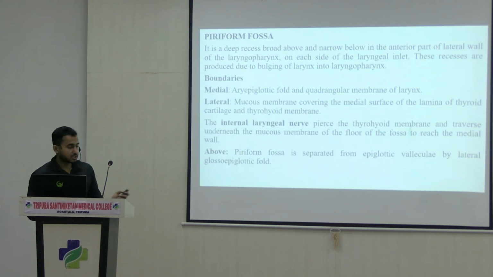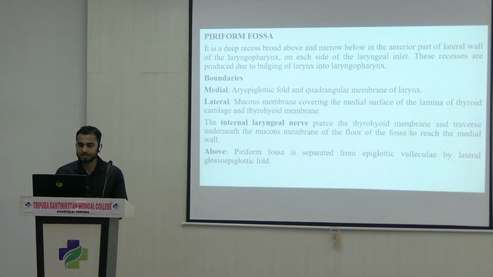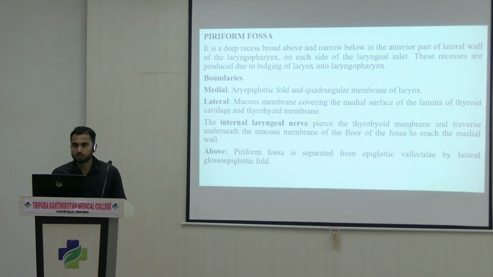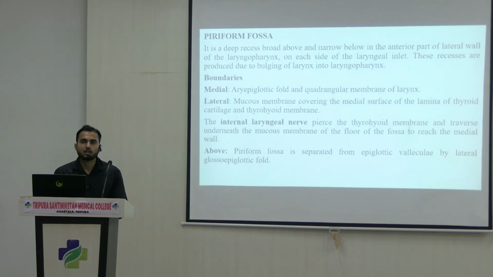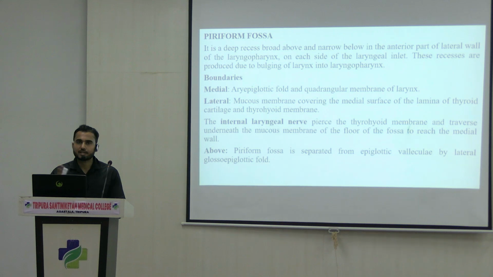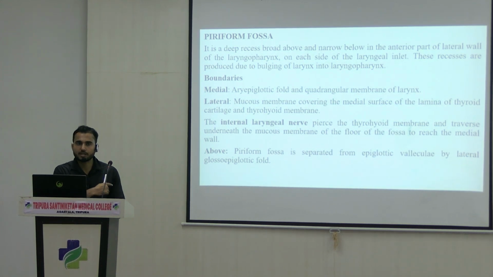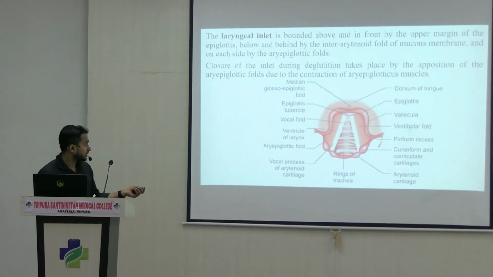Next, another feature on the lateral wall, that is the pyriform fossa. Another important feature, that is the pyriform fossa. So what is the pyriform fossa? As I said, on either side of the laryngeal inlet. I have shown you the laryngeal inlet right now. Look, this is the laryngeal inlet.